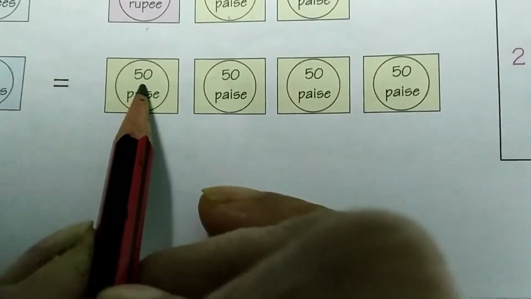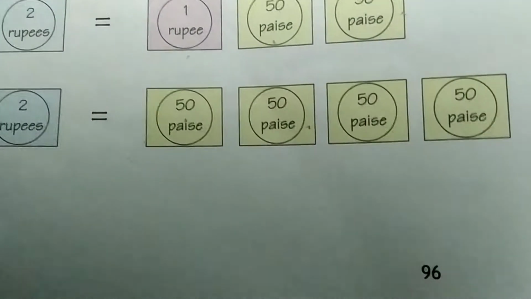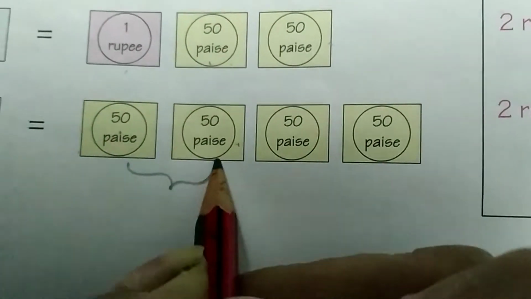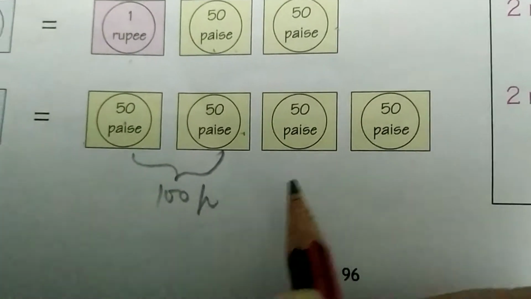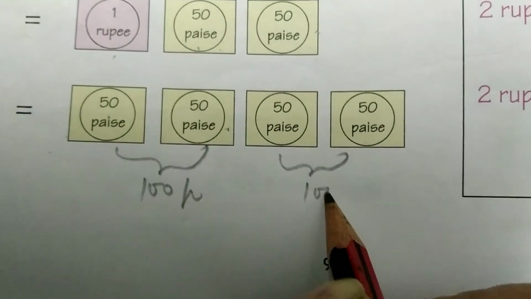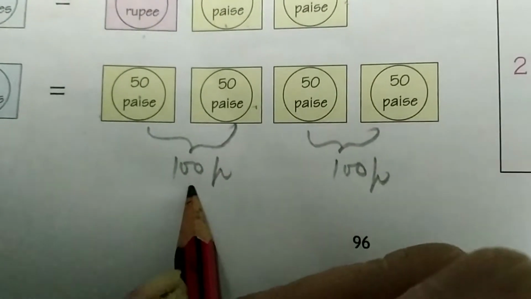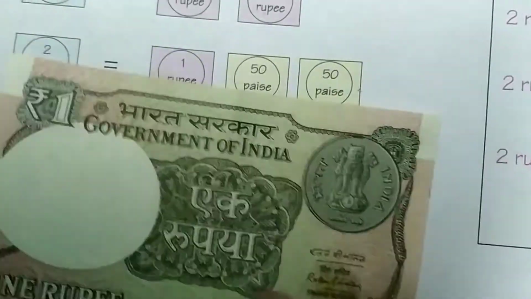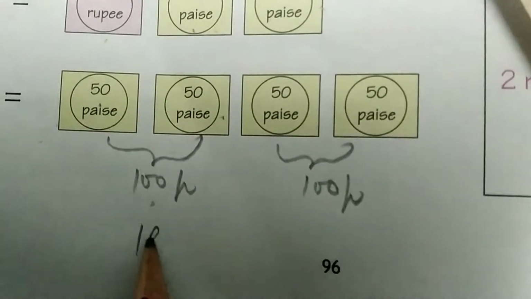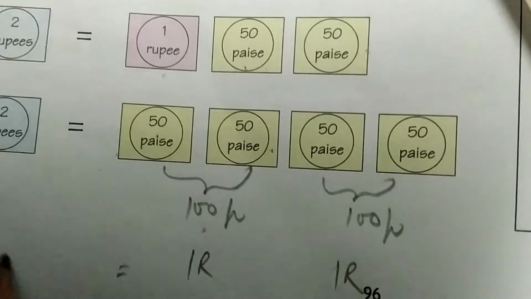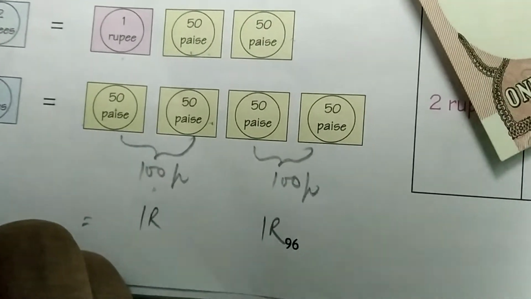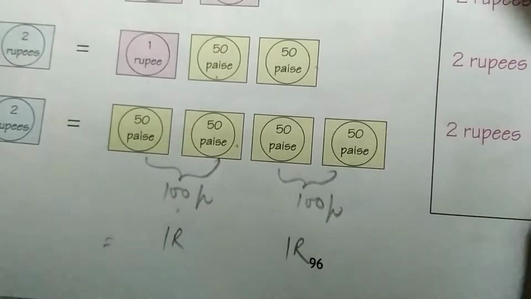And if we have 4 coins of 50 paisa, 4 coins of 50 paisa are equal to 2 rupees, because 2 coins of 50 paisa become 100 paisa, this also becomes 100 paisa, and 100 paisa is equal to 1 rupee. So 1 rupee and 1 rupee is equal to 2 rupees, isn't it? Clear now? Yes.